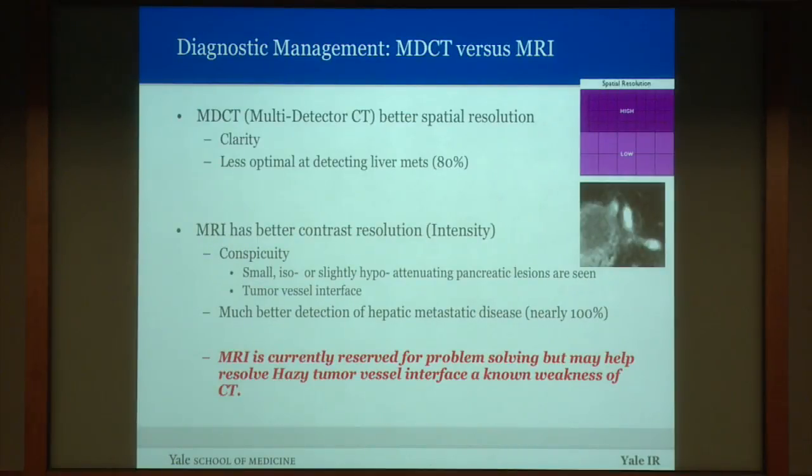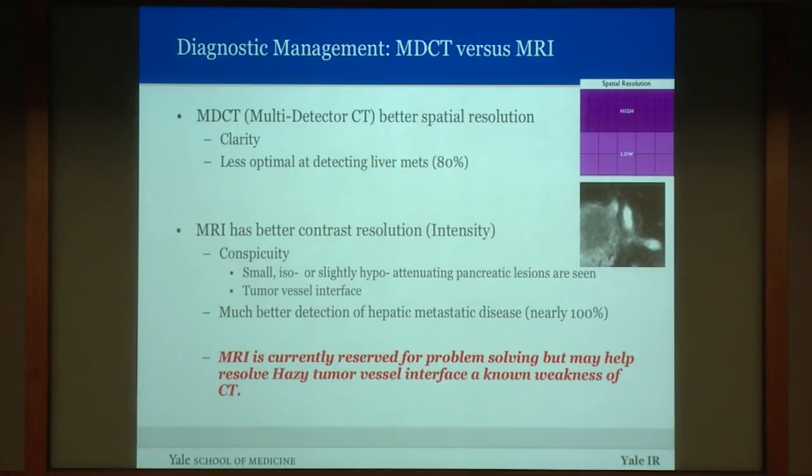MRI is another modality that can be used. Just to tell everyone the difference between CT and MRI: CT is much better at spatial resolution. However, MRI is much better at conspicuity, so seeing the difference between two soft tissue planes.